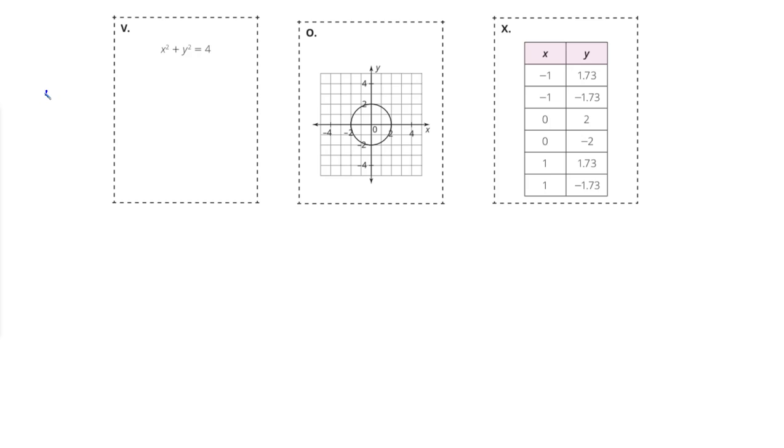This next one is a conic, more specifically a circle, with a radius of 2. And so I come over here and look at the graph. I have the radius of 2. Come over here and I see I have 2 negative 1s that point to any of my y values. That means this is not a function.